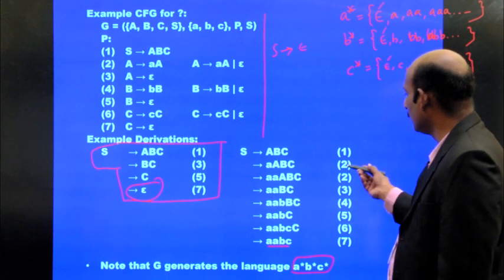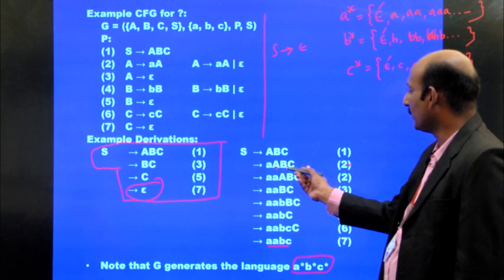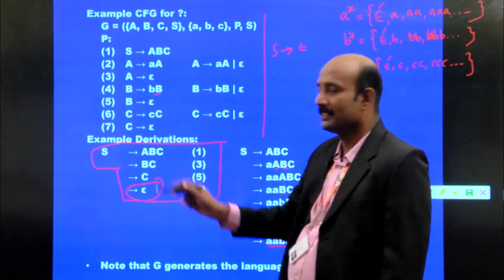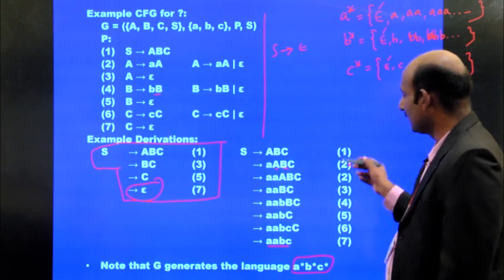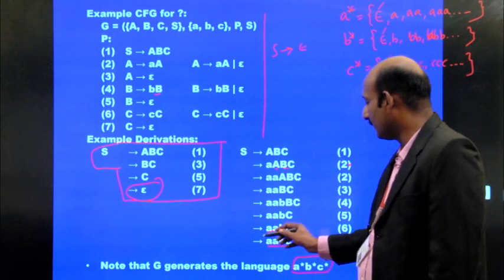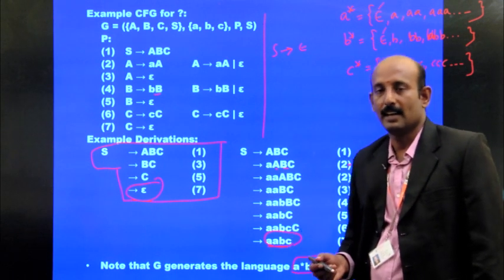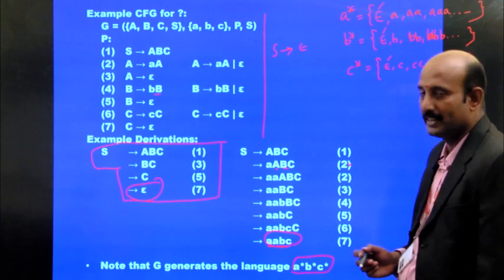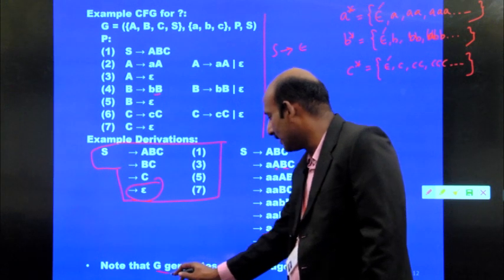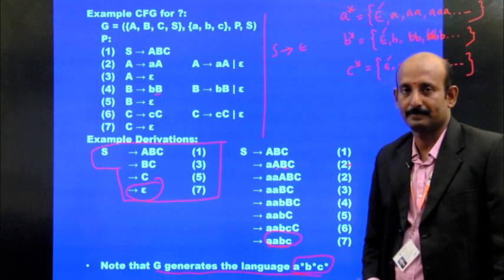Instead of this rule 2, we may replace B instead of A, and the replacement of B contains BB. Likewise, if you change the production rule and apply it recursively, it generates different strings, where the number of A's, B's and C's differ. That is what they mention: the grammar G generates the language A star, B star, C star.